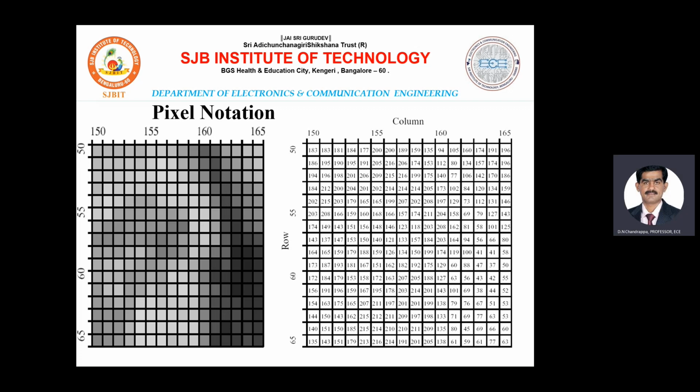Any image has to be represented in the form of pixels or a matrix. You can start from a 2 cross 2 matrix, 4 cross 4, 8 cross 8, 16 cross 16, and so on. It is not fixed to only 4 cross 4. You can consider even 3 cross 3 or 5 cross 5, based on our applications.